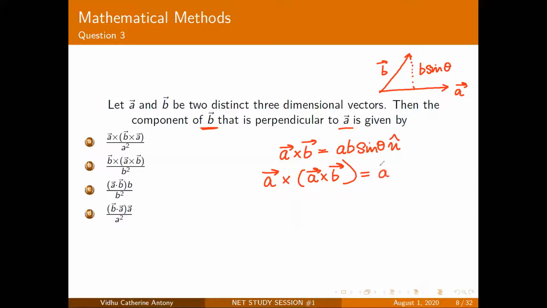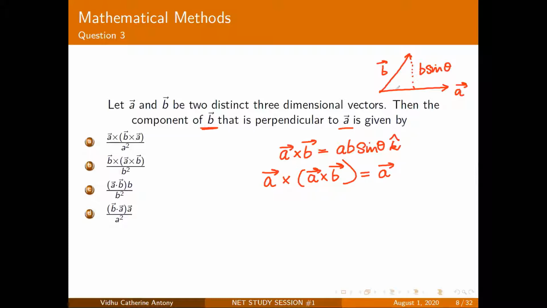So I will do an A vector. Let me erase this end cap, and say that these 2, A and B, are lying on this plane. When you do your cross product, you get it out of the plane of the paper, so that's a K cap, it's coming out. Now when I take A and cross it with A cross B, what do I get?